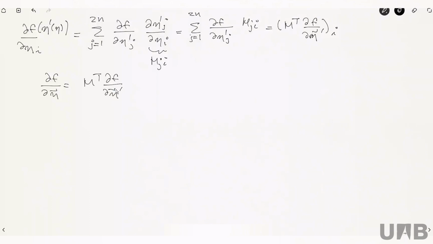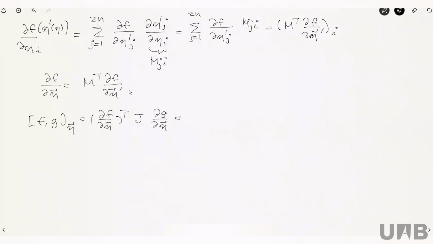Okay, so this is all I need, because now I compute the Poisson bracket of f and g with respect to eta. Given the definition of the Poisson bracket, remember that this was the partial of f with respect to eta, transpose, J, partial of g with respect to eta.